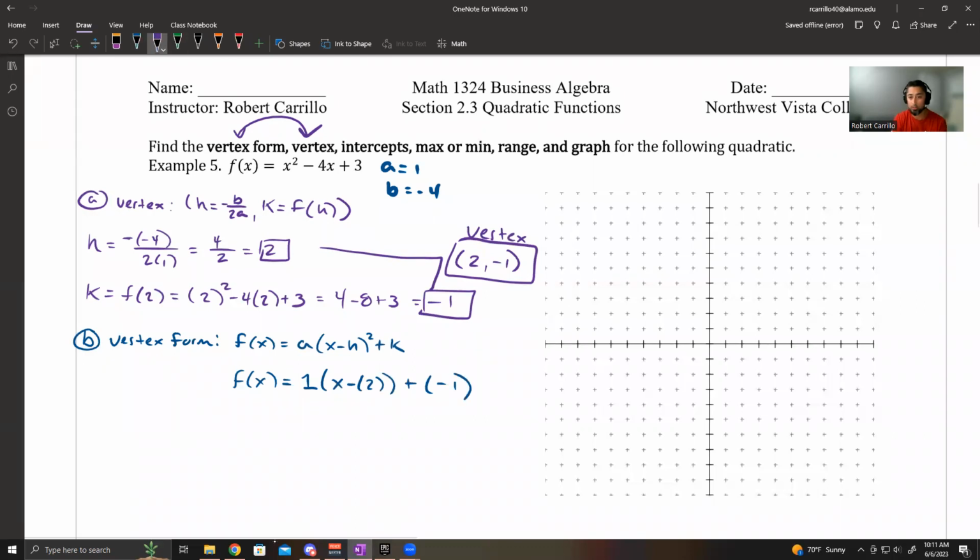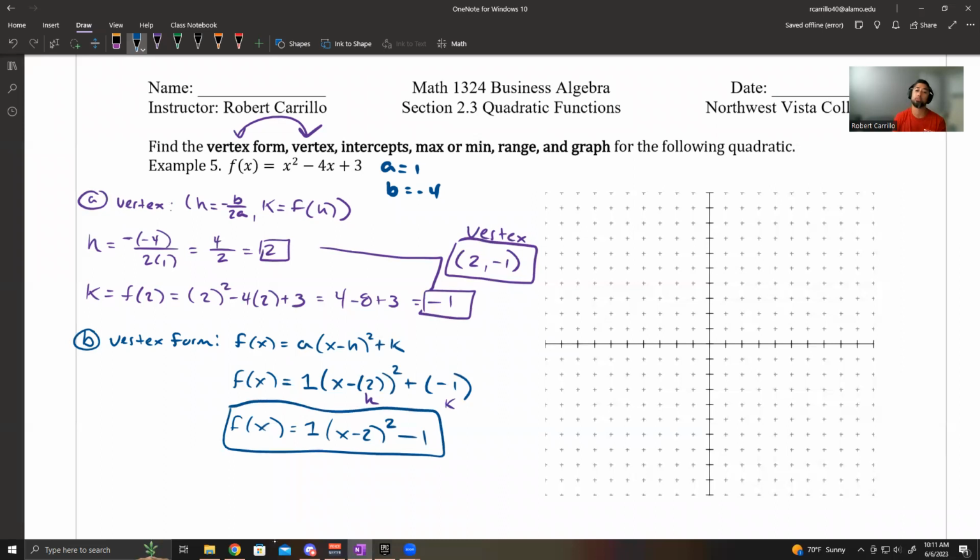So remember that this was h and that was k. Okay, cleanup time. Oh, don't forget the square there. Cleanup time, you get f of x equals 1 times (x minus 2) squared minus 1. That's it. That is your vertex form.